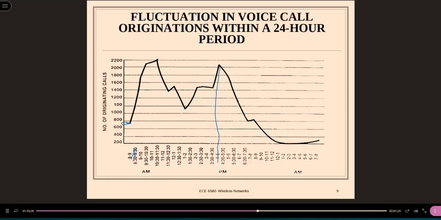So this is the point process that the phone company uses to try to understand the traffic demands that are coming its way and to which it has to respond. Anyway, the phone company has literally hundreds of these kinds of charts for all kinds of locations and all kinds of days of the year. You can imagine that during certain days of the year, there's more calling than during others.